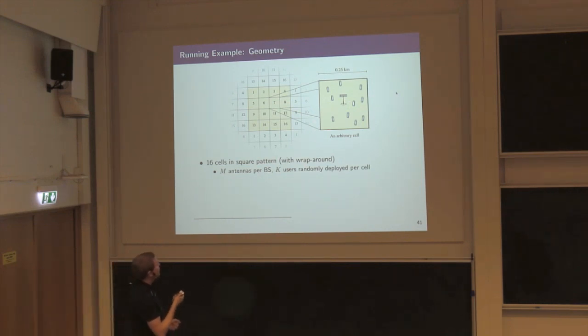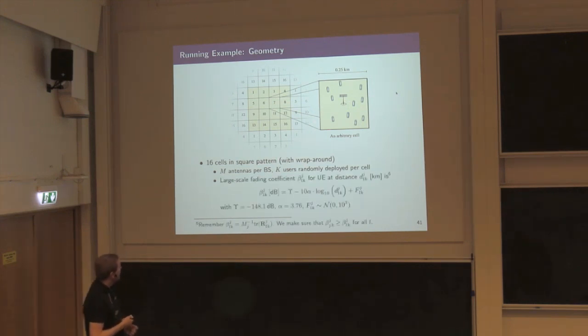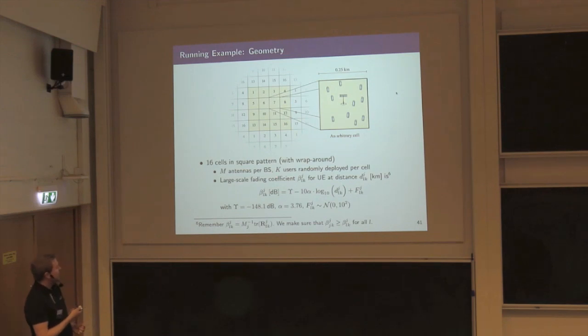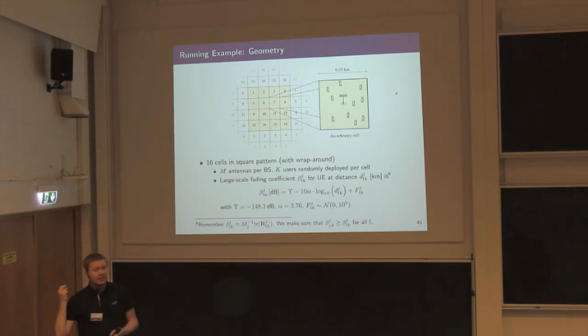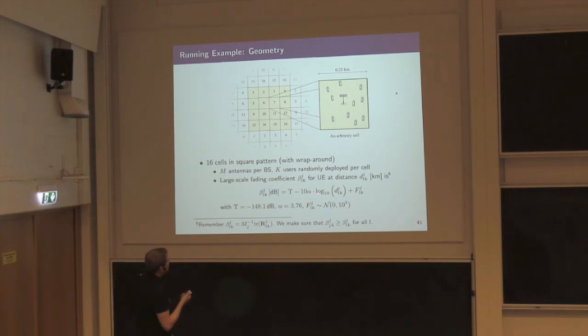I have K users that I deploy randomly within the cell. I generate these beta large-scale coefficients in the way that I talked about before. I select this parameter here that says what is the path loss at 1 kilometer distance as minus 148 dB. This is something I've taken from a 3GPP model. I select the path loss exponent as 3.76, and the shadow fading has a standard deviation of 10.